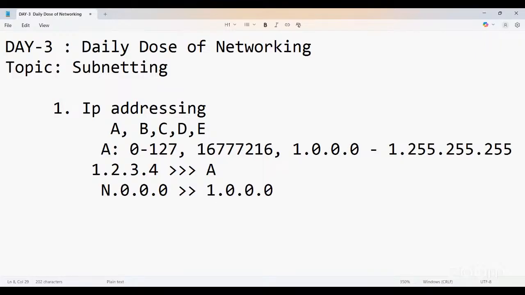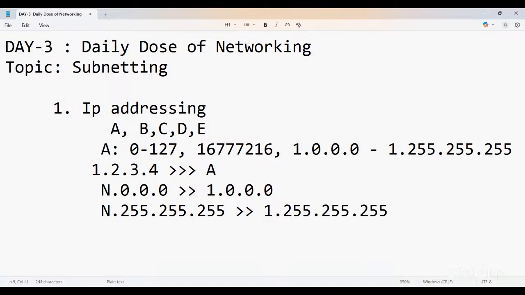And similarly, what will be the broadcast ID in a class A? The class A broadcast ID is network.255.255.255. So if you have to calculate the broadcast ID for the same network, it will be 1.255.255.255, right?